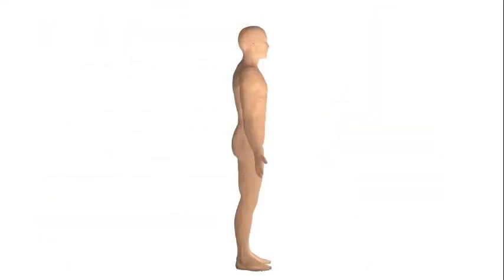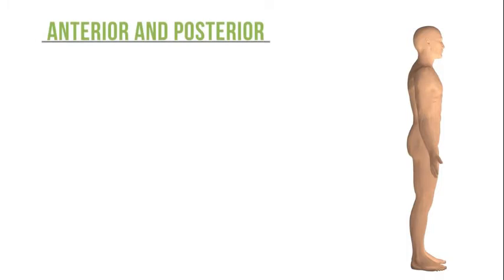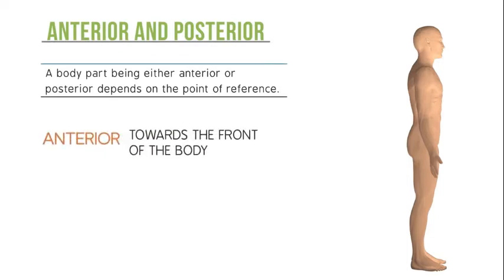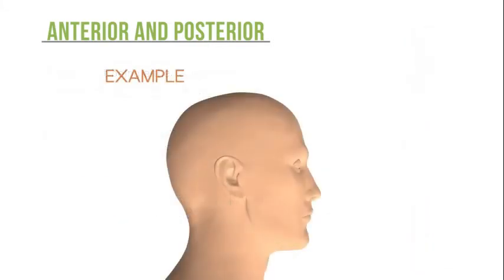When we need to describe the location of a body part as in front of or behind another body part, we use the terms anterior and posterior. A body part being either anterior or posterior depends on the point of reference. Anterior is towards the front of the body, posterior towards the back.